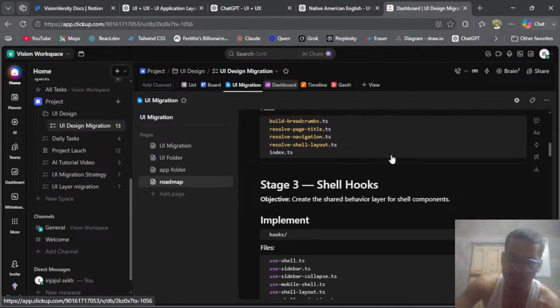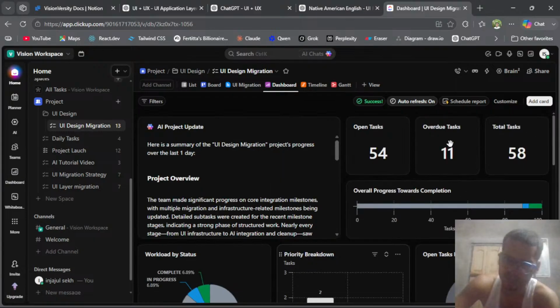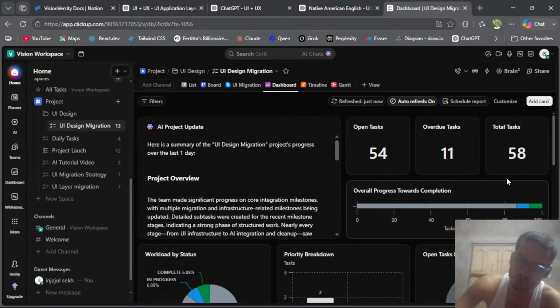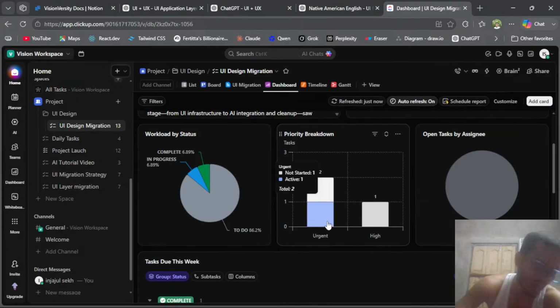And let's see the dashboard. So right now we have only 11 overdue tasks, and total tasks are 58, and open tasks are 54, which means I have only finished 4, and I have remaining 2 urgent tasks and 1 high.